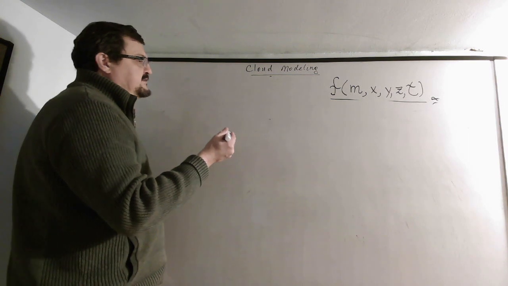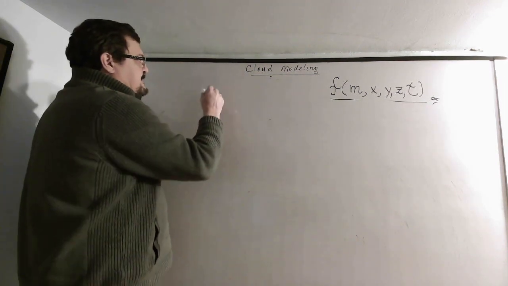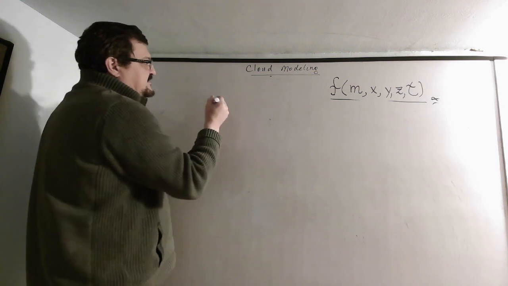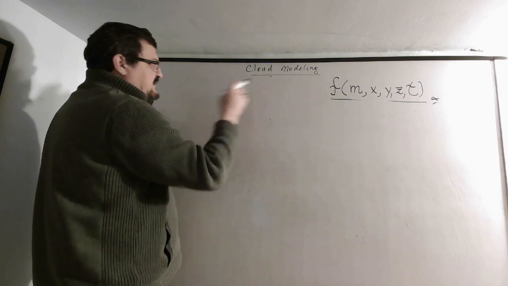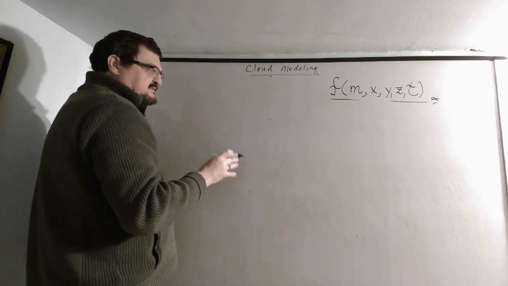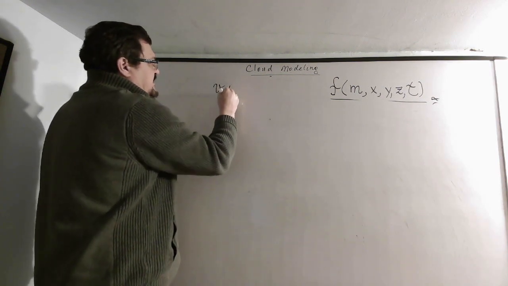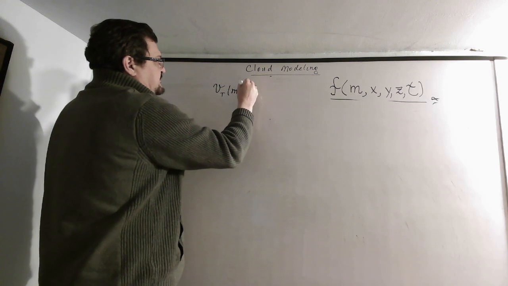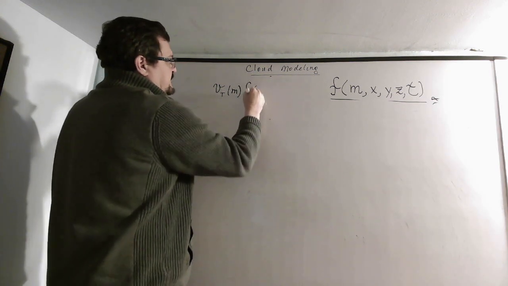Like, for example, sedimentation velocity. In your equations, you have terms like the flux of this f, the distribution function, due to sedimentation. It's the terminal velocity, which is a function of mass, times this f or PDF, also a function of mass.